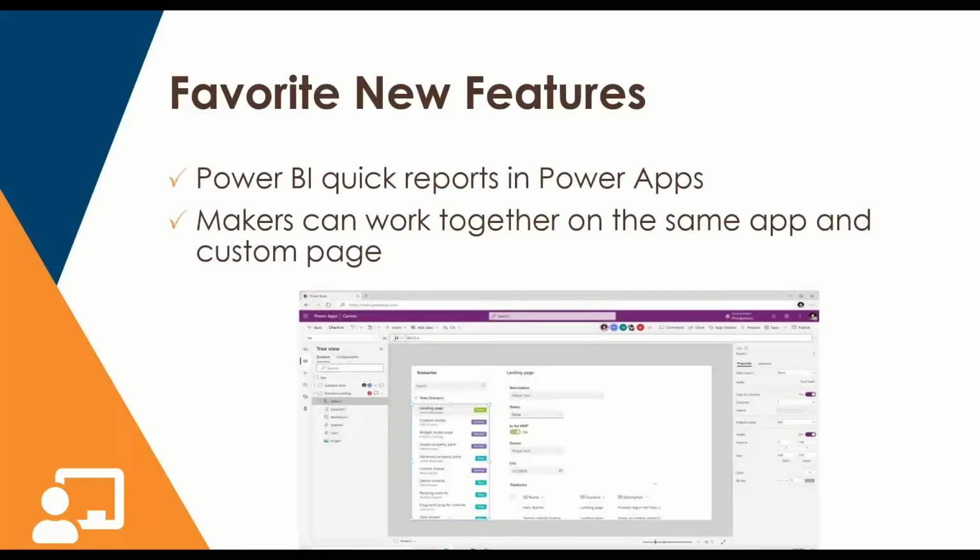Now, with Power Apps, makers can work together on the same app and custom page in the modern app designer to accelerate app development through collaboration. This enables teams to divide and conquer work to achieve a completed app faster than ever before.